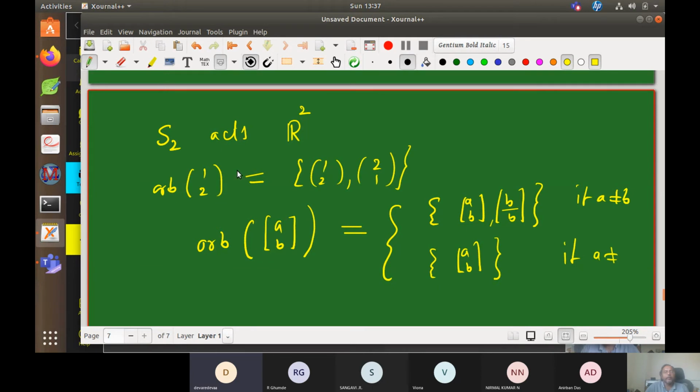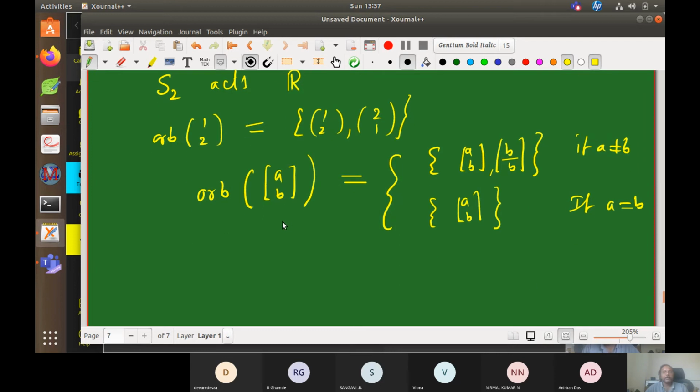If a equals b, the orbit contains only one element. So why are we not getting orbits with 3, 4 or 5 elements?